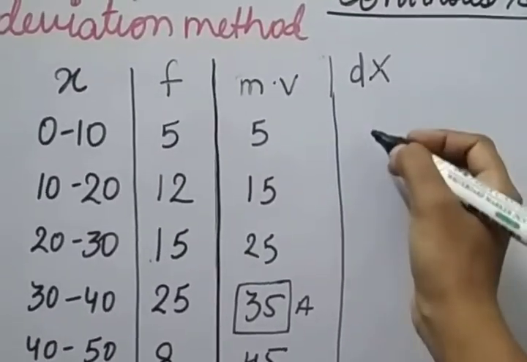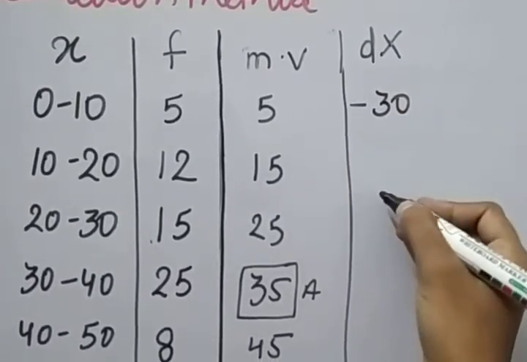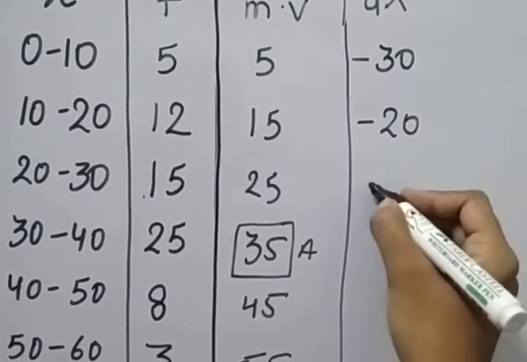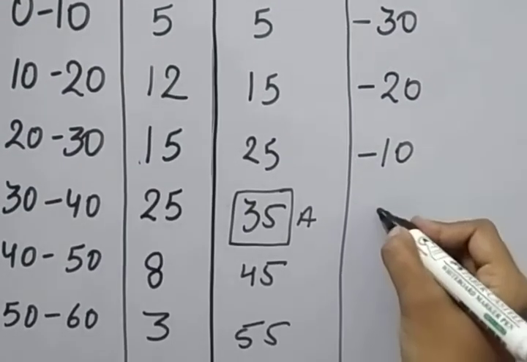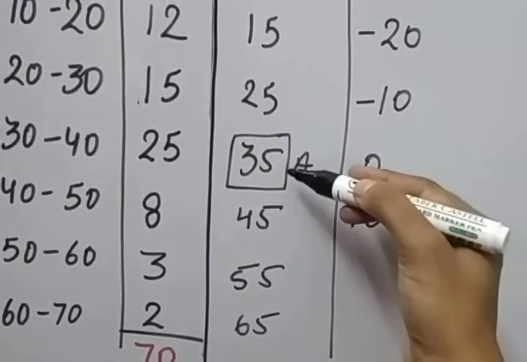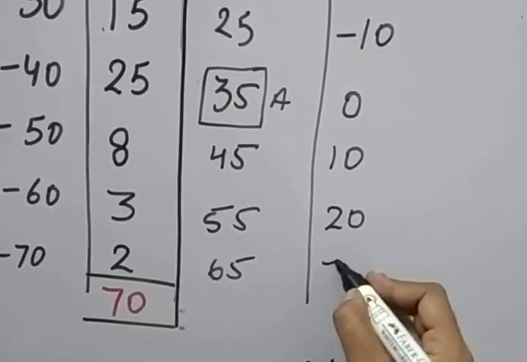So how we will get dx? 5 minus 35, minus 30; 15 minus 35, minus 20; 25 minus 35, minus 10; 35 minus 35, 0; 45 minus 35, 10; 55 minus 35, 20; and 65 minus 35, 30.